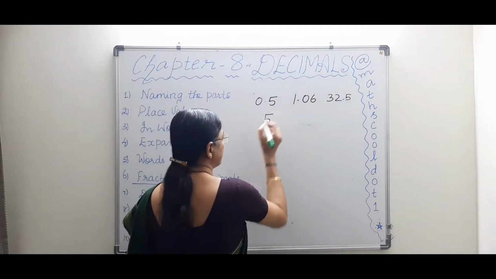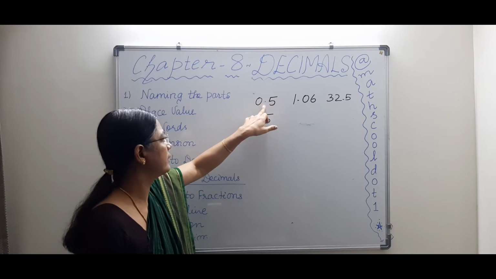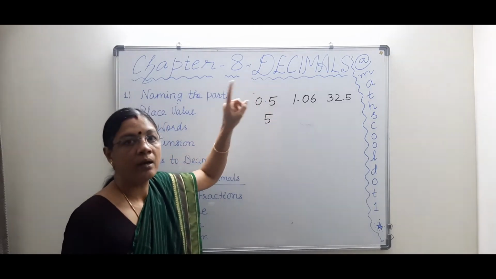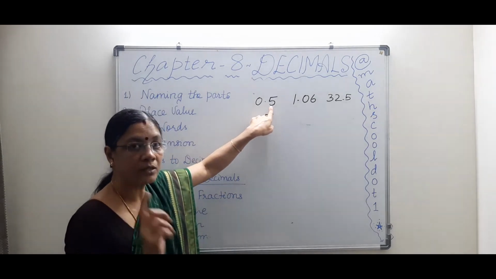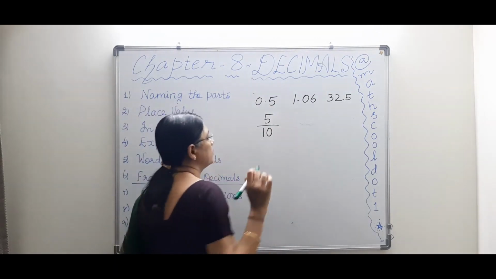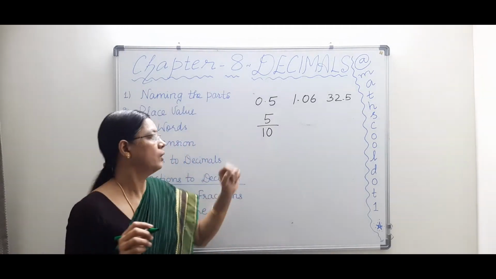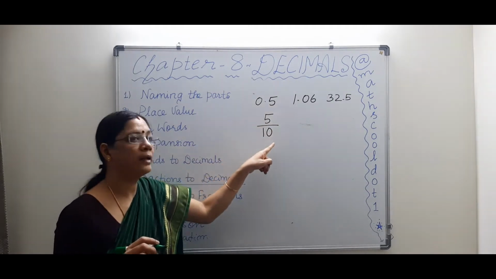Okay. Now how many places after the decimal point? Only one place. In the decimal part, there is only one number. So what I should do is put only 10 under 5. Do you understand? So 0.5 can be written as 5 by 10.